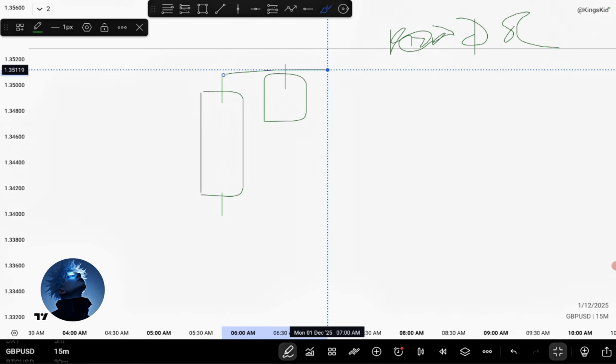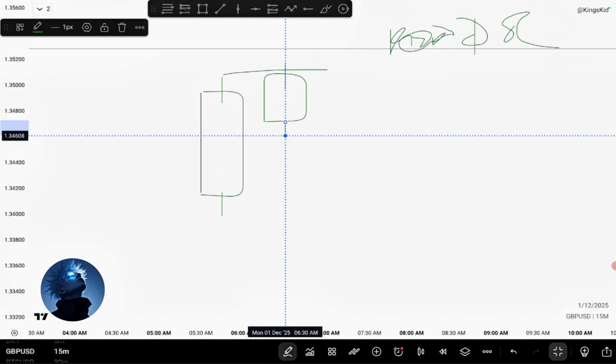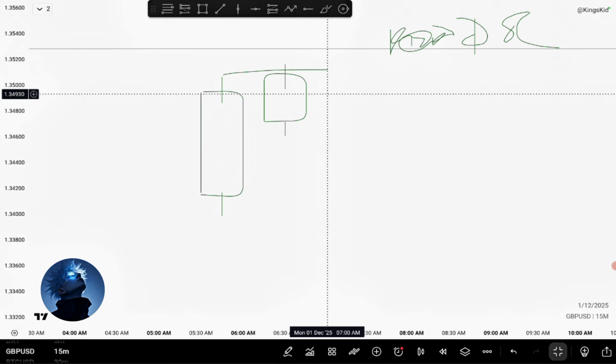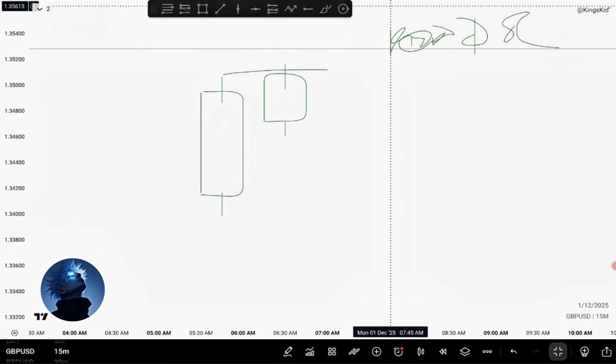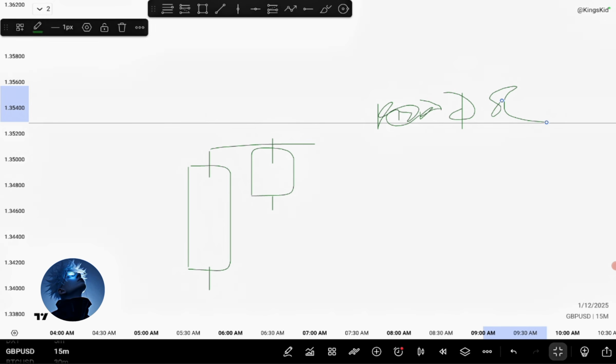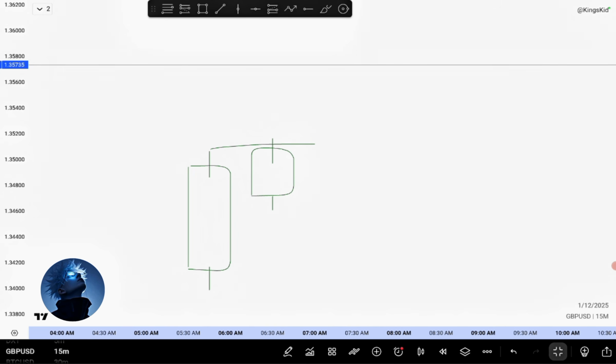And you have it wicked out like this. Pay attention to what I'm doing. Then suddenly you have candle 3 forming, right? You have candle 3 that is about to form right here. This is your drawing liquidity, or let's maybe extend it a bit higher. Yes, let's extend it a bit higher.